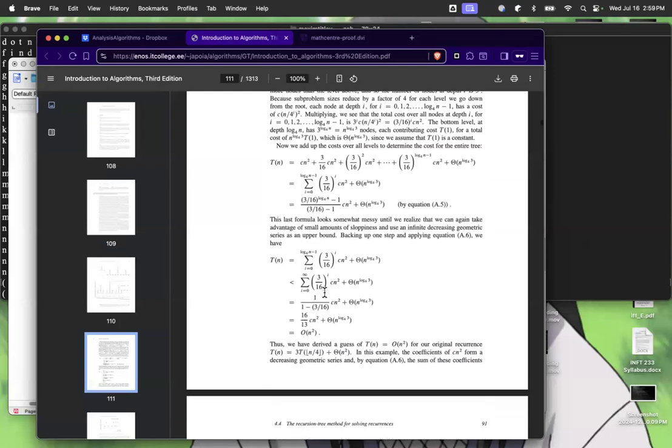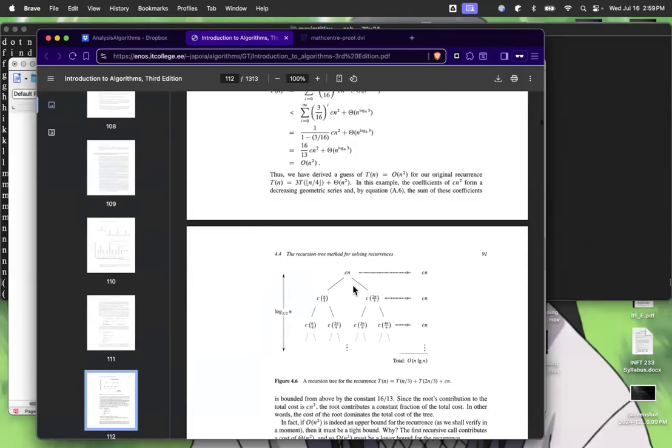Now, moving further down, since the n squared is the largest term on the left-hand side, and here you have n to the log base 4 of 3. If it were n to the log base 3 of 3, it would be 1. But we're talking about log base 4 of 3, so that's going to make it even smaller. So the largest term here is the n squared term. So coming all the way down here, you're going to see that it's O of n squared.